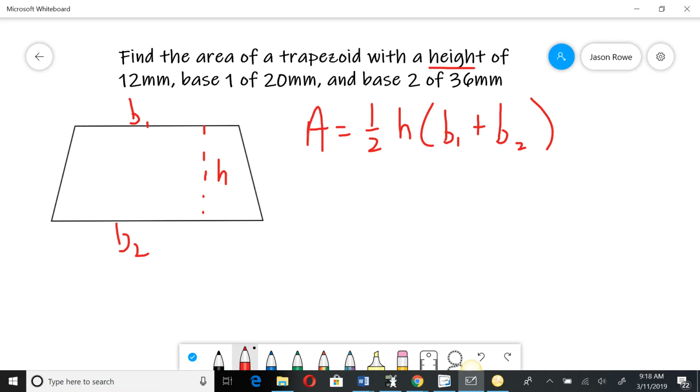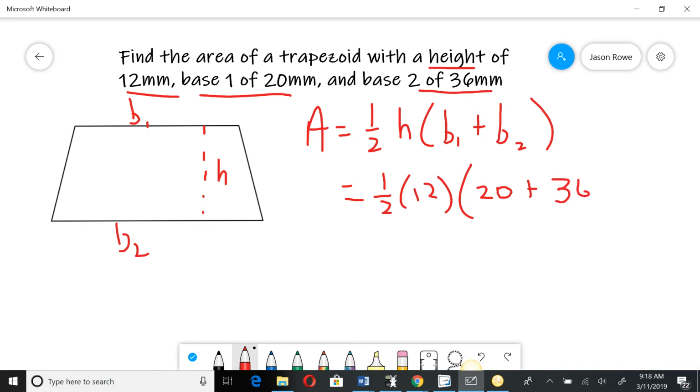We're told that the height is 12, so we're going to substitute 1/2 times 12. And we're told that base 1 is 20, and that base 2 is 36. So now, order of operations: 20 plus 36 is 56.